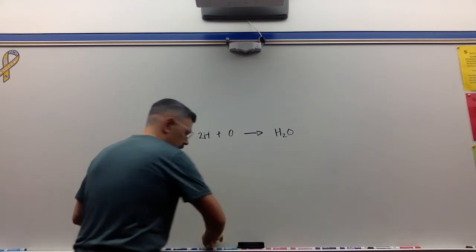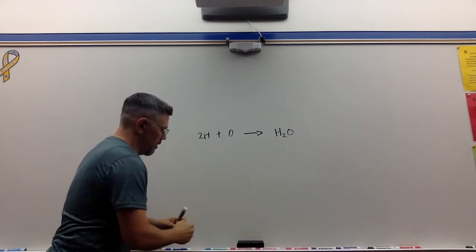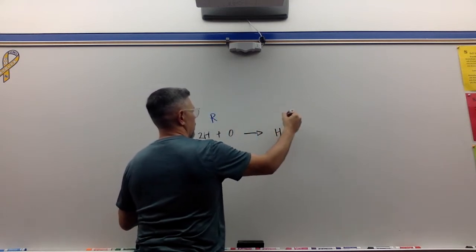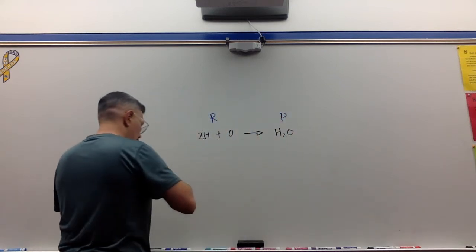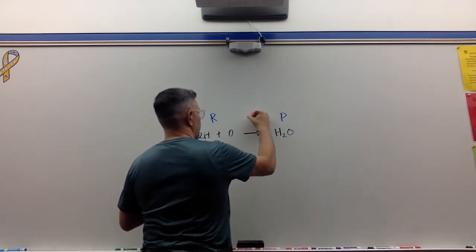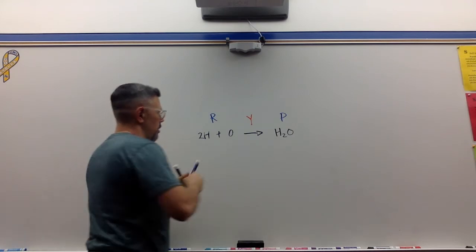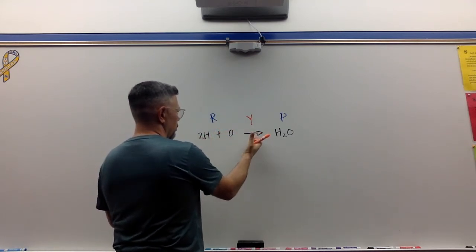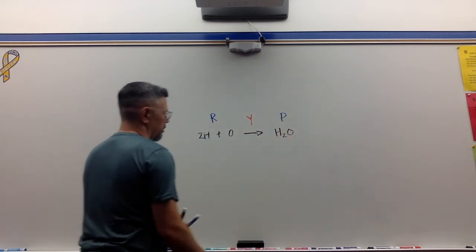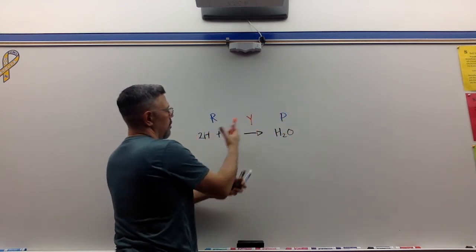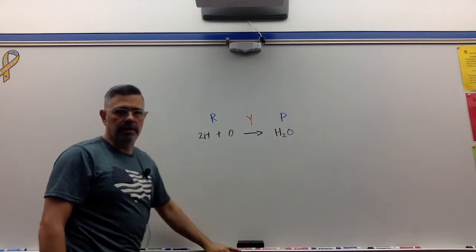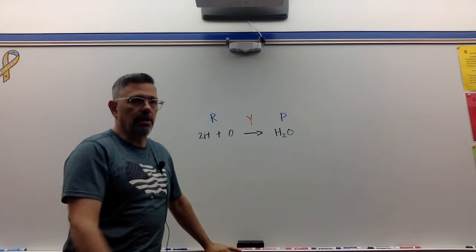So what you really need to see here is that we have our reactants and our products. And this arrow shows what yields. So this yields that. These reactants yield this product. These reactants go under some type of reaction to create a final product. That's really what's happening here.